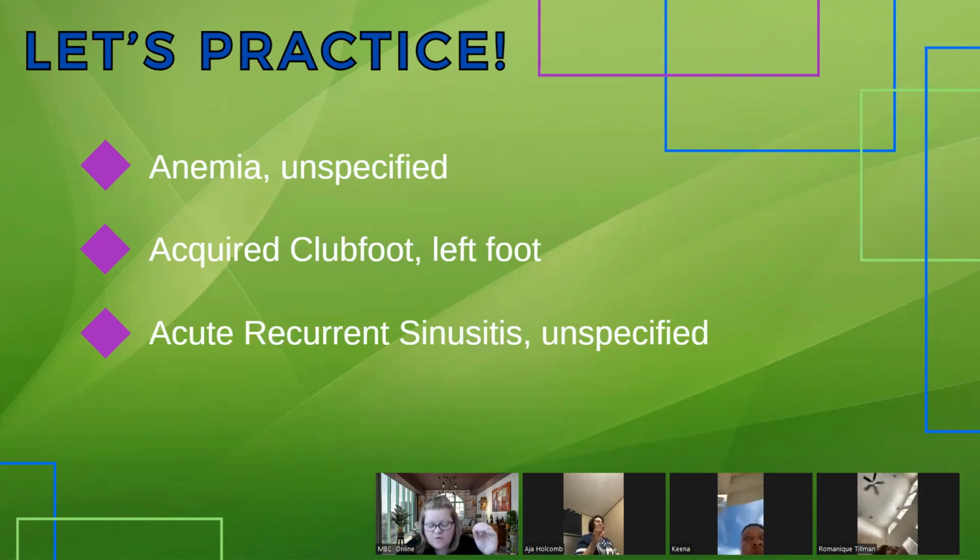Like you see how J01.90 is acute sinusitis unspecified, and the only difference in the 91 code is the word recurrent. They're just pointing out the difference. That's all they're doing with those highlighted things.